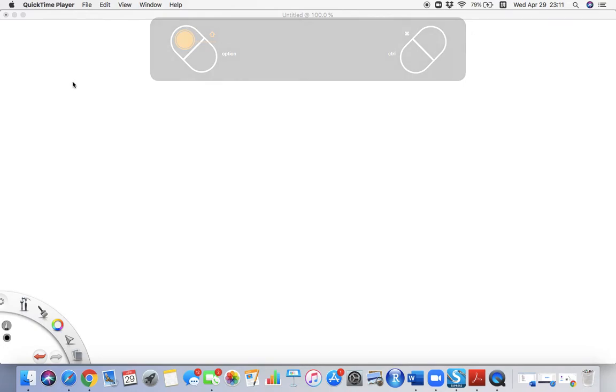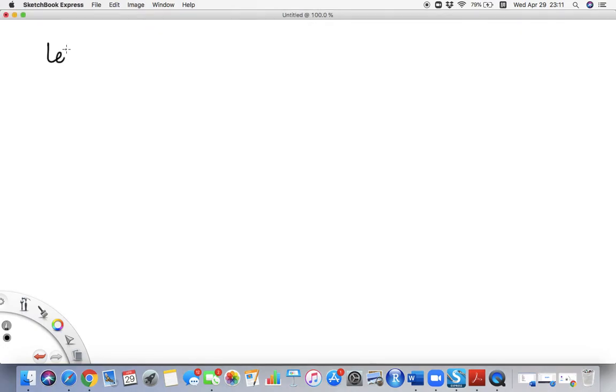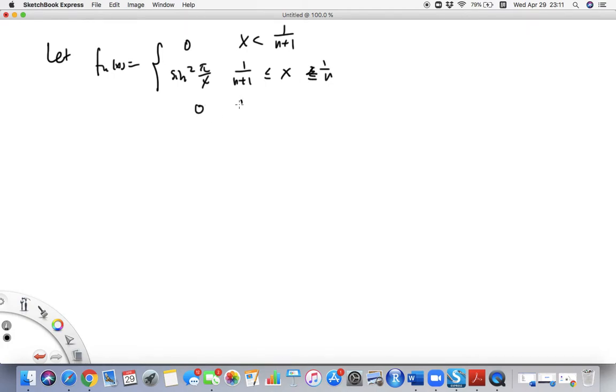Okay, next problem. Let fn of x be 0 when x is less than 1 over n plus 1, equal to sine squared of pi over x when x is between 1 over n plus 1 and 1 over n, and 0 if 1 over n is less than x.